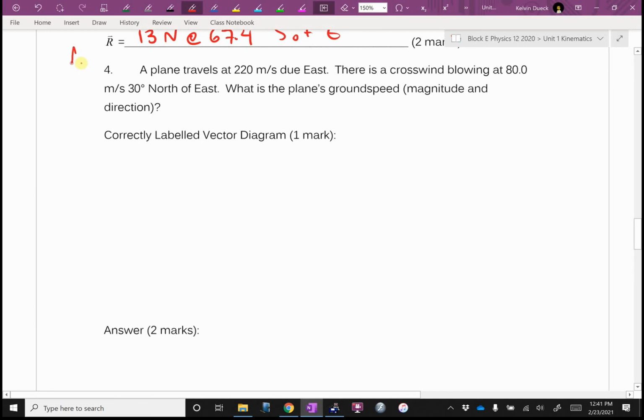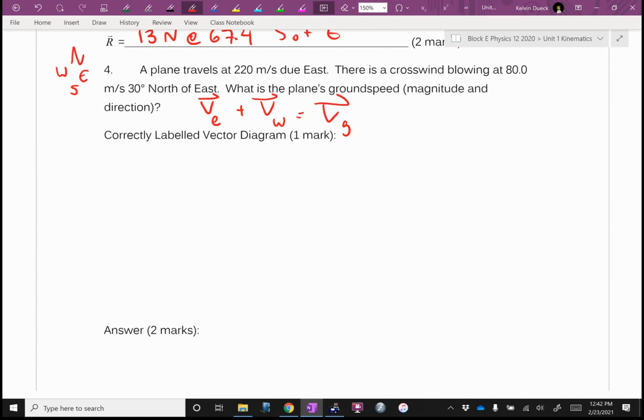I've scrolled down, so I'm going to put a compass rose. And I'm using the idea that the engine speed, velocity, plus the wind speed, velocity, equals the ground speed. Should be called velocity, but they don't call it that, so okay.